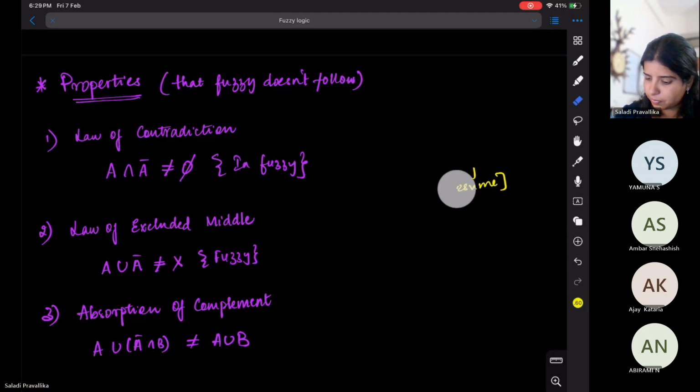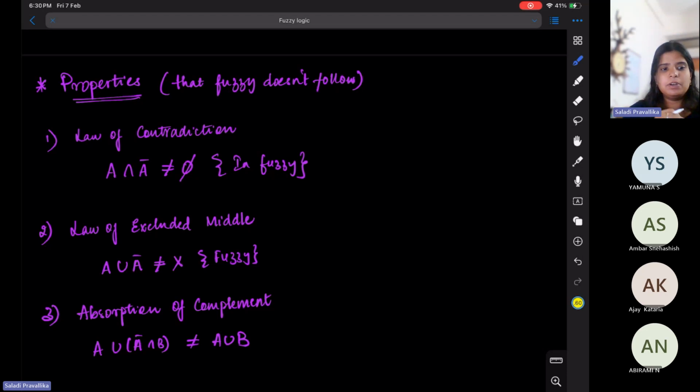So we have multiple properties that were discussed in the class, which included law of contradiction, law of excluded middle, idempotency, involution, commutativity, associativity, distributivity, absorption of complements, and De Morgan's law.